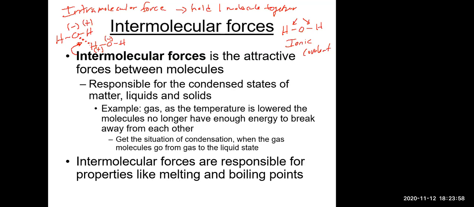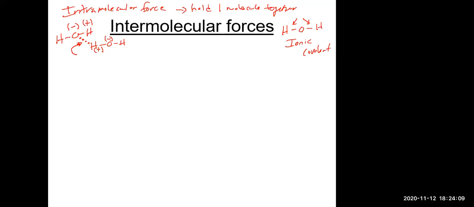Now, intermolecular forces are definitely responsible for things like boiling points and melting points. And as we'll see in this next slide, when we talk about the strength of the difference between them, the intramolecular force is always much stronger than the intermolecular force.